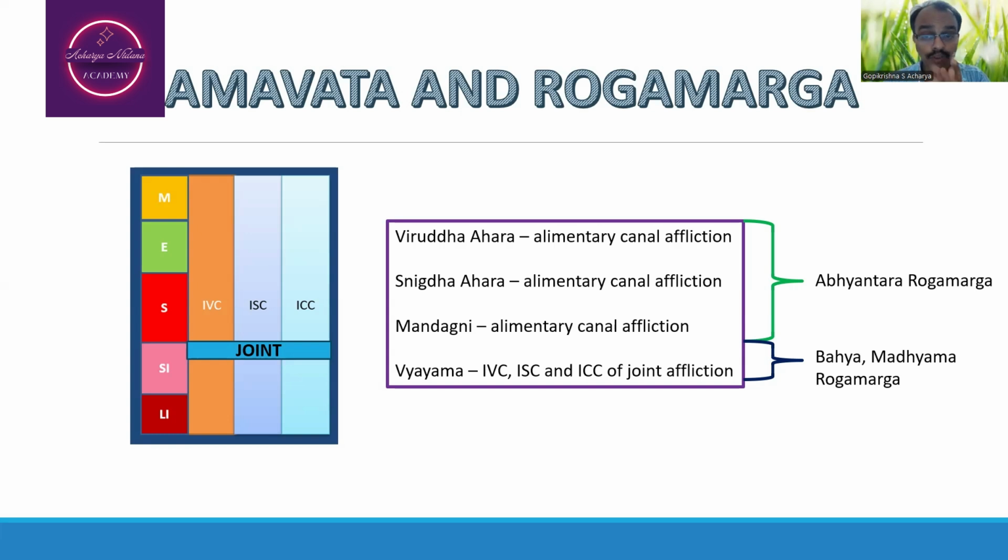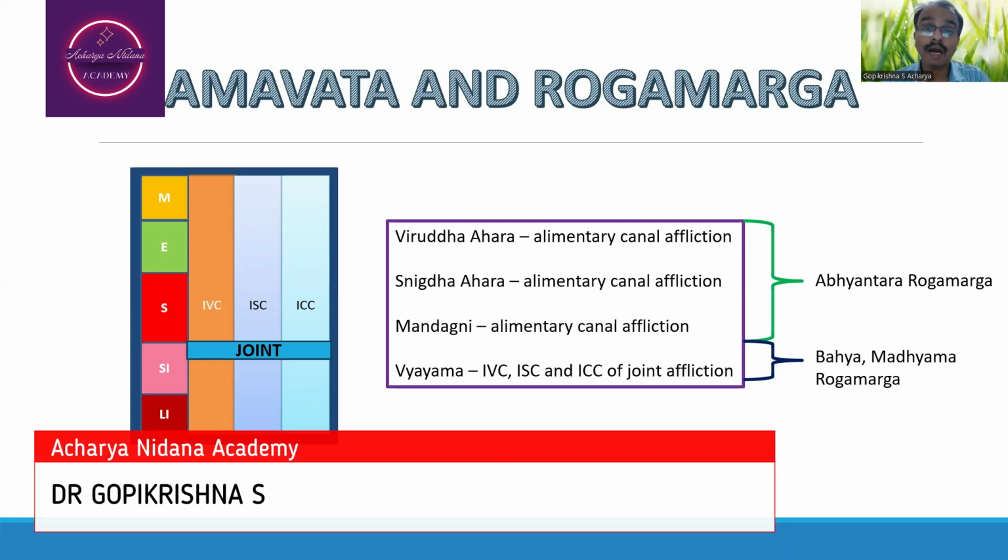Initially there may be Abhyantara Roga Marga affliction because of alimentary canal dysfunction, or Mahasrota dysfunction, and later Bahya Roga Marga as well as Madhyama Roga Marga are afflicted. Thus, if this disease is chronic, it is considered a little difficult to cure.